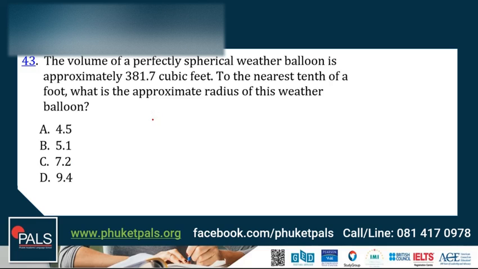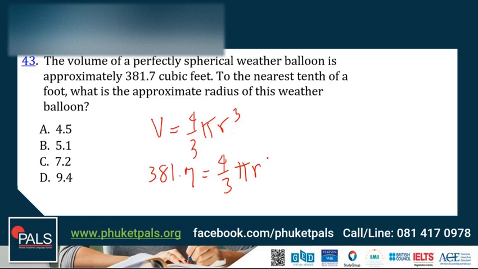Volume of a sphere is equal to 4 over 3 pi r cubed. Then plug in the given values. We've got 381.7 equals 4 over 3 pi r cubed.